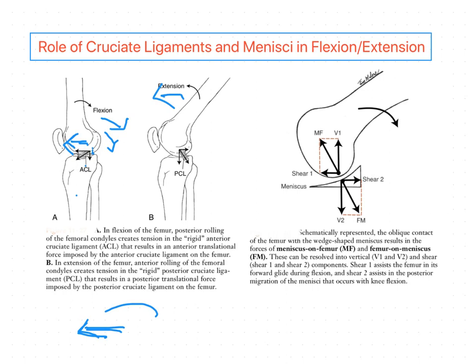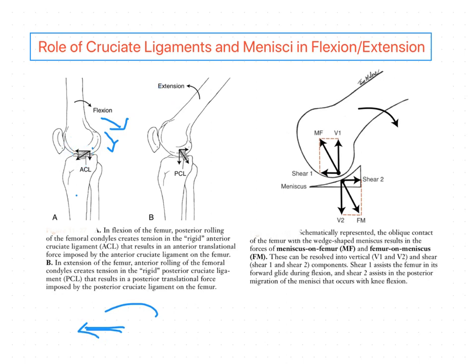This is the role of the cruciate ligaments during flexion and extension. And this anterior glide of the femur during flexion.